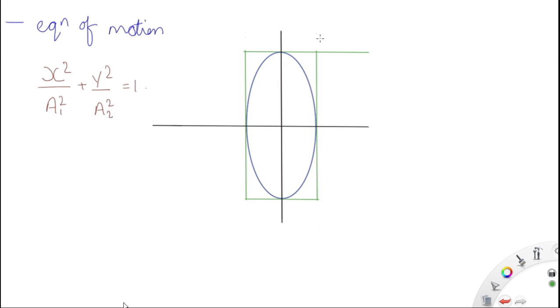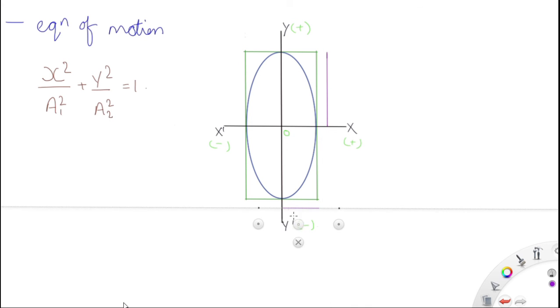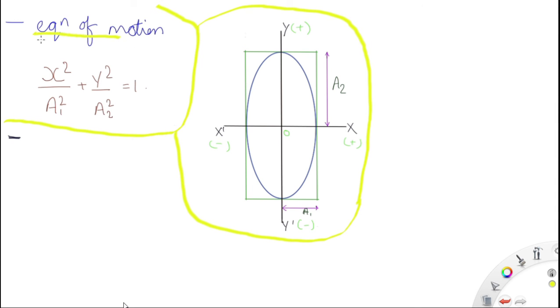The previous ones were straight lines, that is, delta equal to 0 and delta equal to pi both resulted in a linear function. Now this one is an ellipse. So the y coordinate is a2 and the x coordinate is a1.